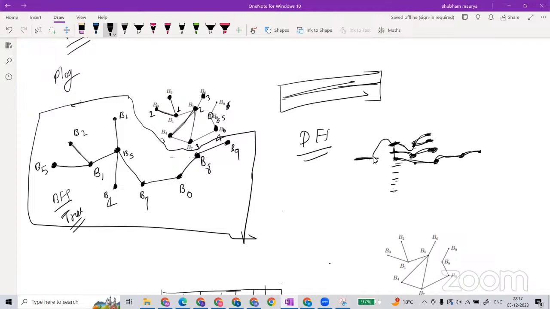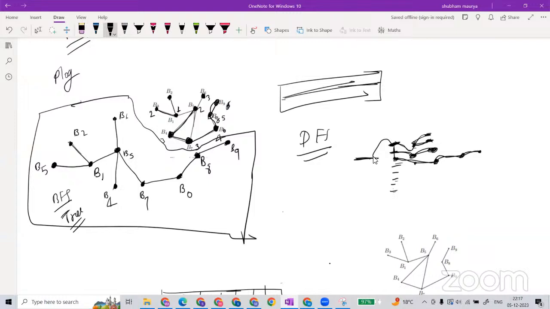But in the DFS, what is that? Suppose B2 is here, and I started exploring B4, and then from B4 I will go to B7. I will get a new route, right? So I will go to B7, and from B7 I get a new route at B0. Whenever I get a new route, I will go in. Here is the ending point.